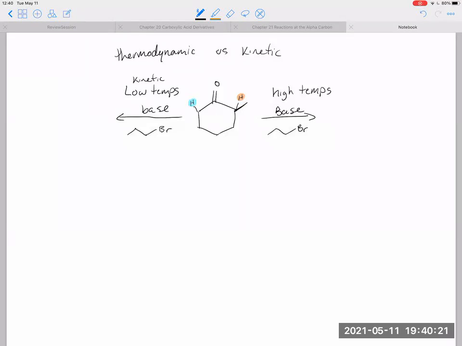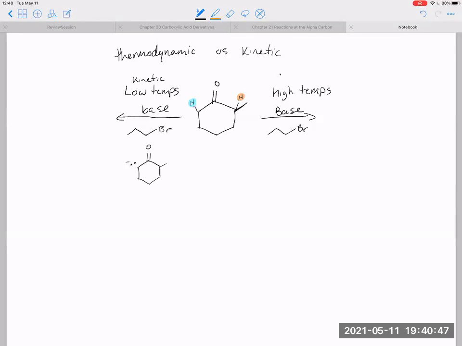That's all about which hydrogen is going to be the easiest to grab, because at low temperatures things are moving really slowly. So which one is less sterically hindered? In this case, the enolate ion we're forming is going to be over on that carbon. Remove the blue hydrogen. That one's the more accessible one.